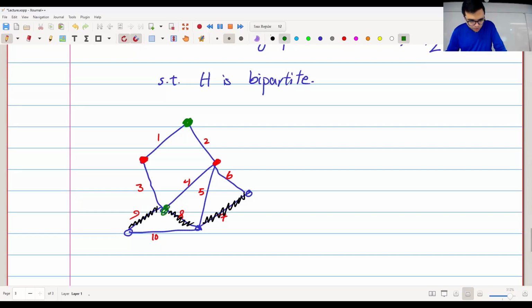I'll give this one green, this one green. Let's say I remove this one too. Okay, and let's say I make this one red and I make this one green. So now you see that the green part and the red part are a partition of my vertices that prove that the remaining graph is bipartite. And I removed only 4 edges.